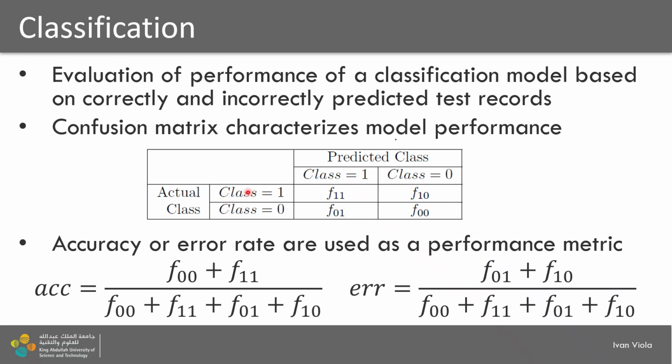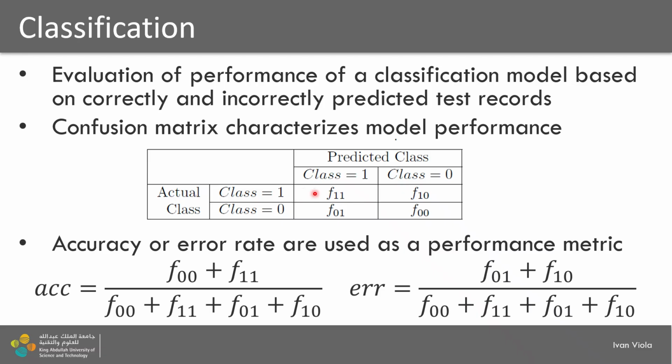And we have the actual class, where we know that the data object belongs to class 1. And then we have a predicted class. Then we can measure how many times we have correctly predicted class 1 when the class was class 1.